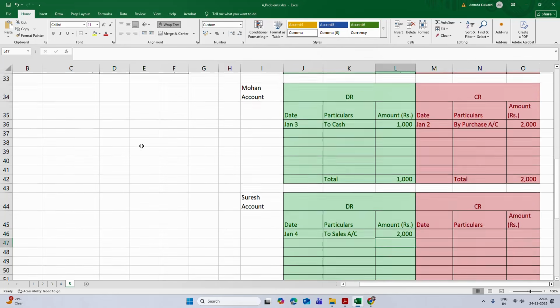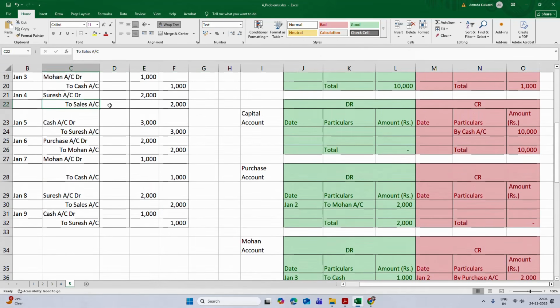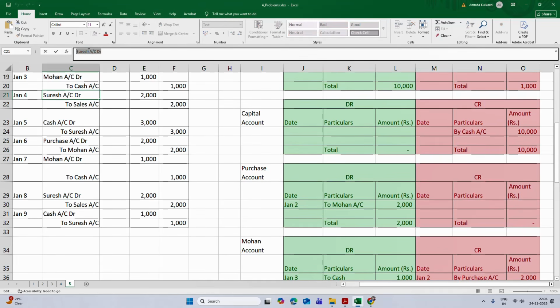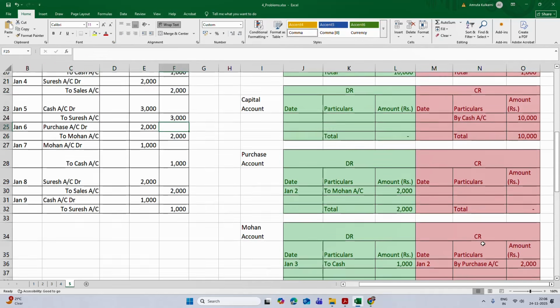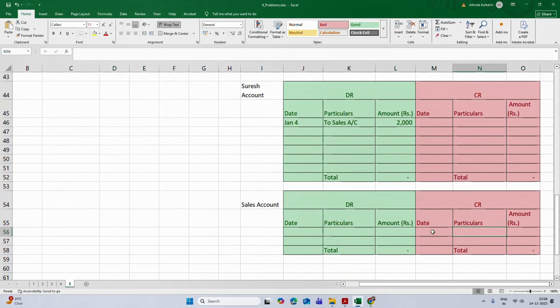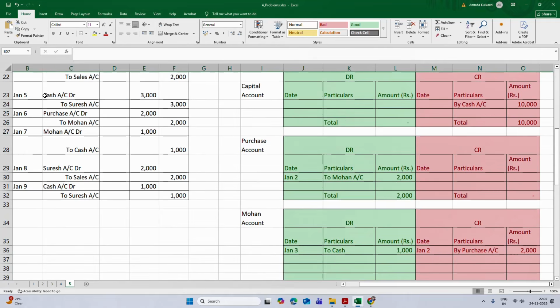We'll have to make the respective entry in sales account. So sales account will be credited by Suresh on Jan 4. So by Suresh account, and how much is the amount? That is 2000 rupees. Then on Jan 5, cash account is debited 3000 to Suresh account 3000.